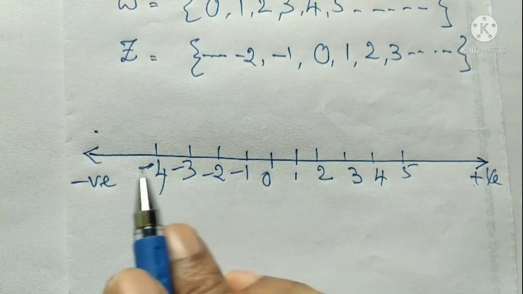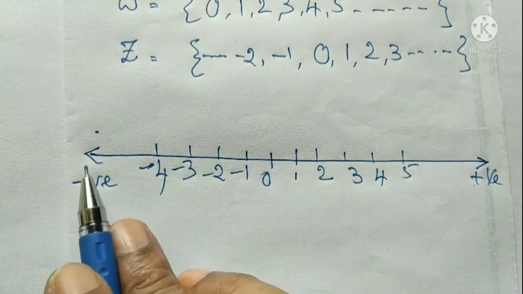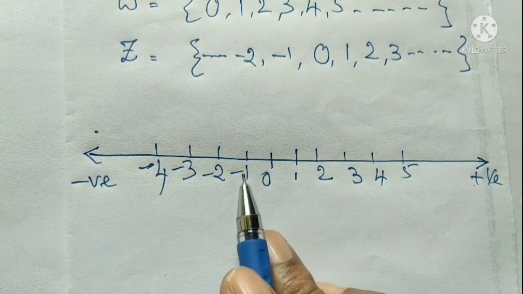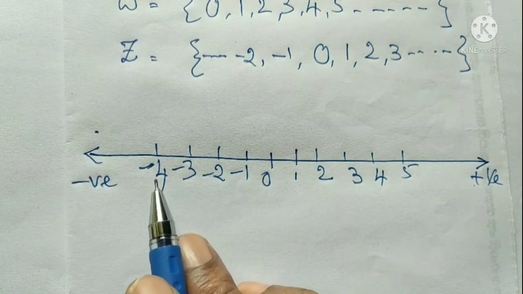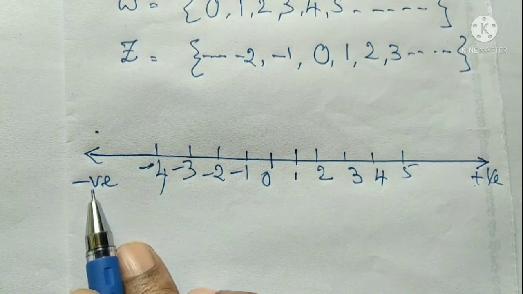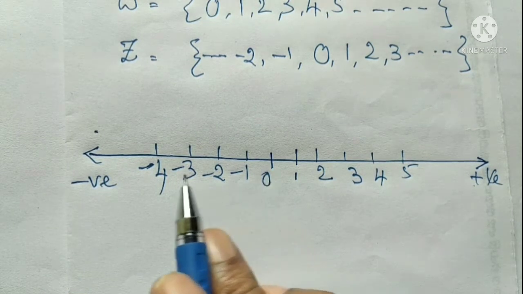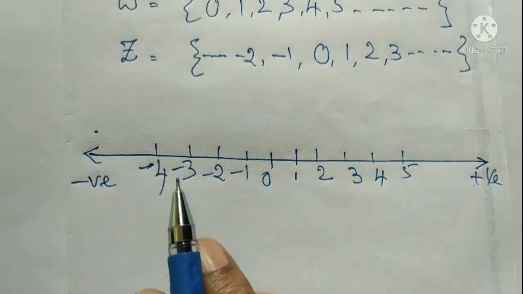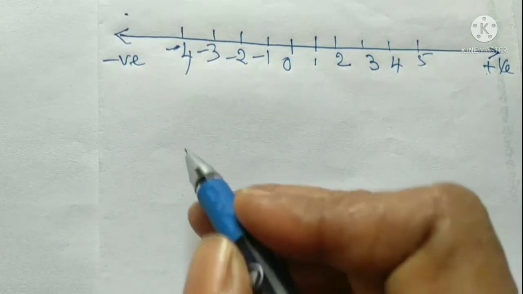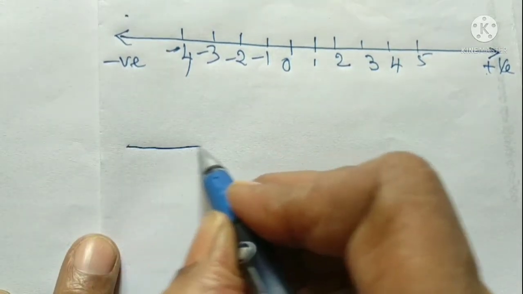And on the left side of the 0 on the number line, we have -1, -2, -3, -4, which means all negative numbers are on the left side of the 0.